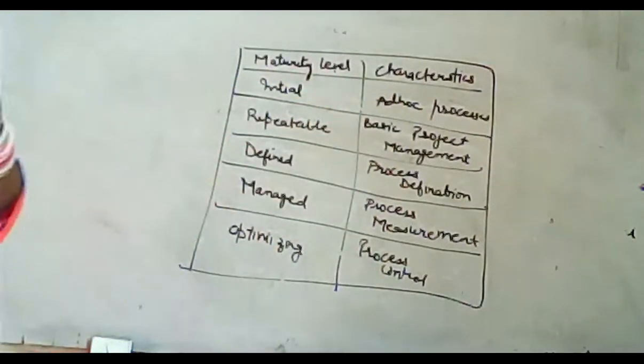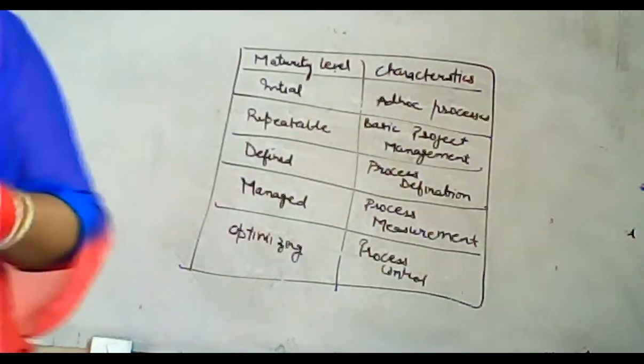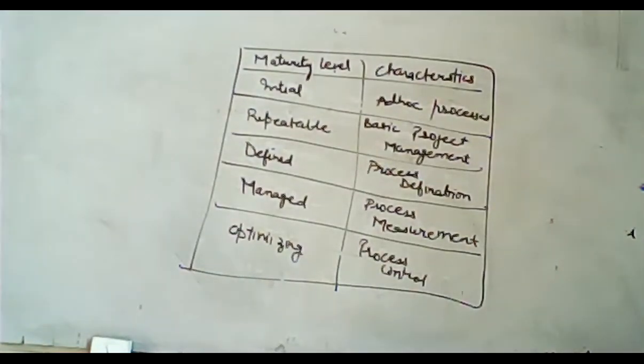Now we can say what the various key process areas involved in those levels are. We'll study that. First is the key process area.